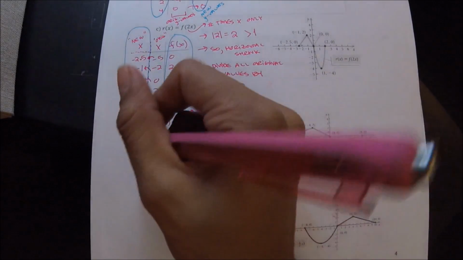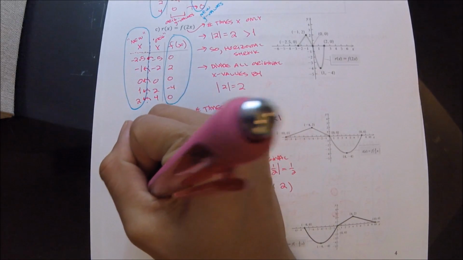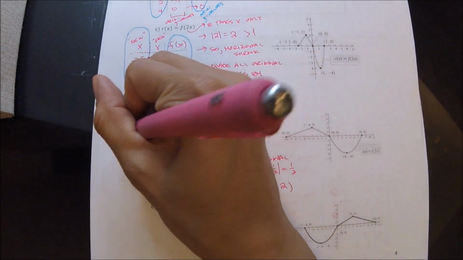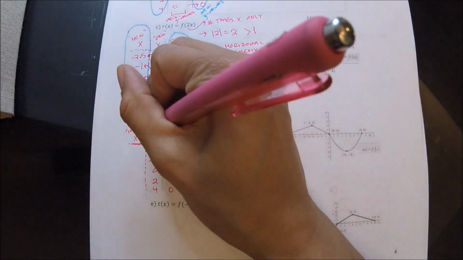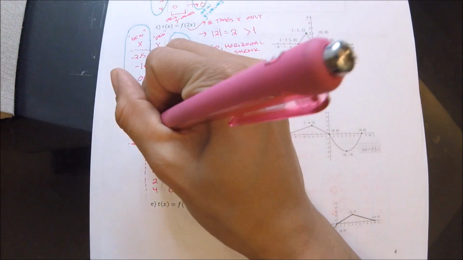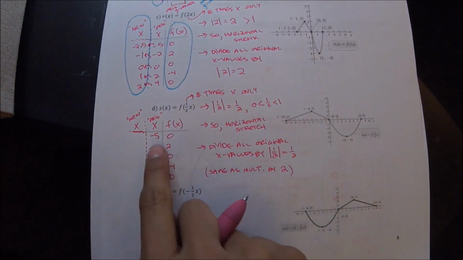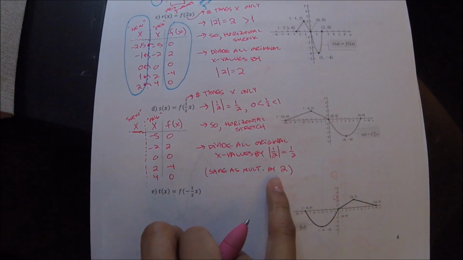And since we're changing the x values, I'm going to write my new column to the left of the x values. And these are going to be our new x values. And these are our original x values. And we just found out that if we want to divide these numbers by a half, that's the same thing as multiplying by 2.